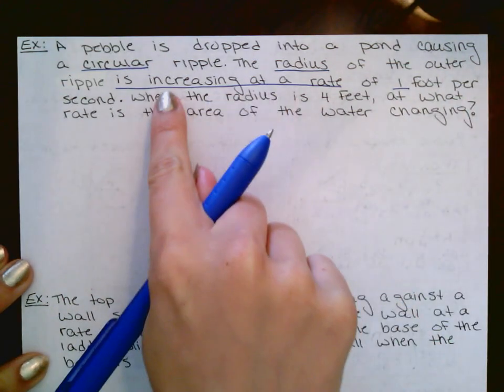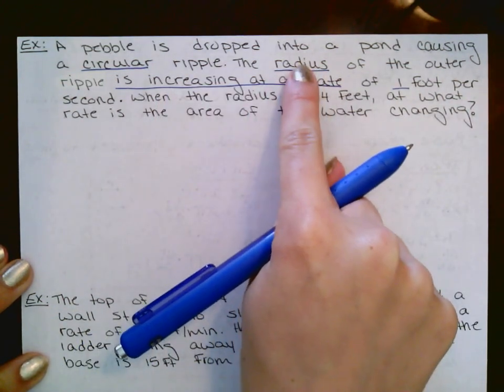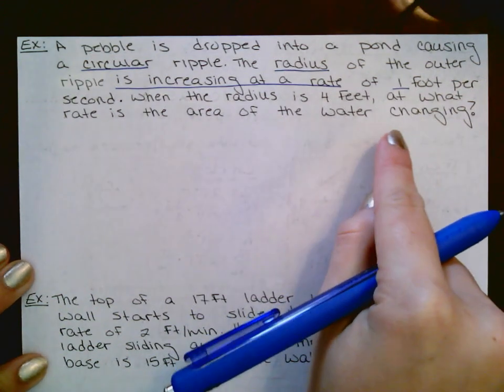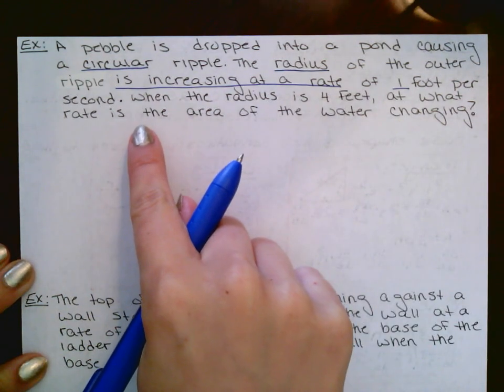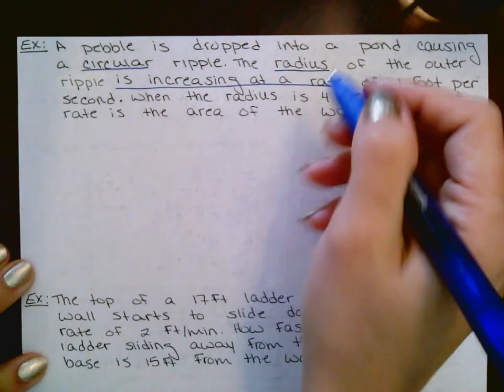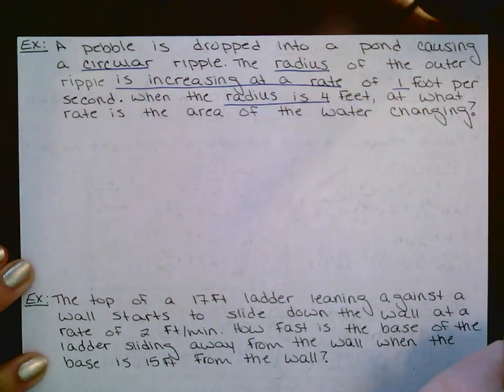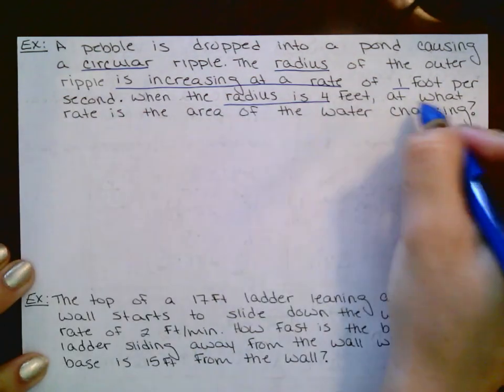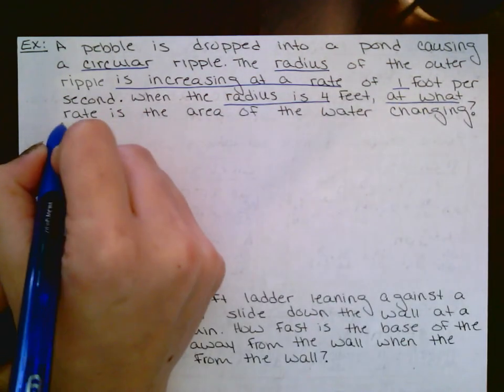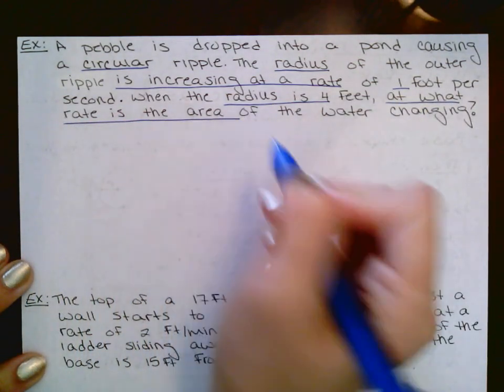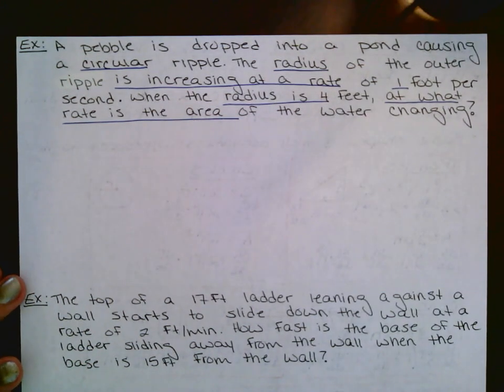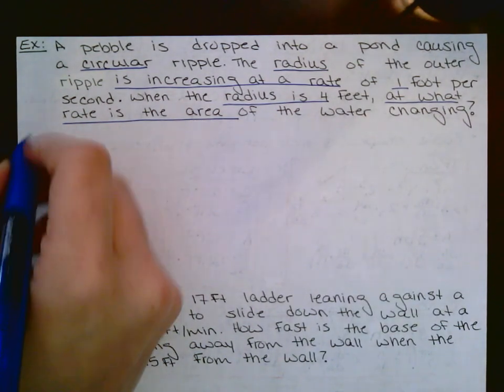See the words increasing at a rate with the word radius. Then they say when the radius is 4, so when r is 4, at what rate is the area of the water changing? So far we know we have a circle.